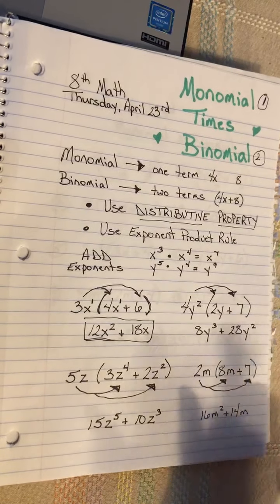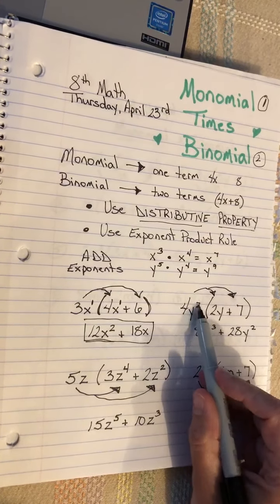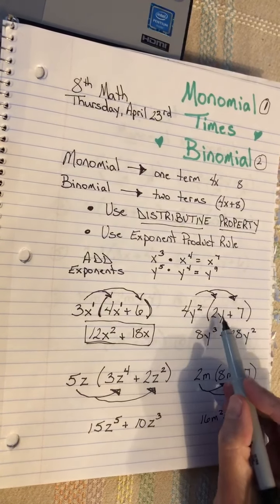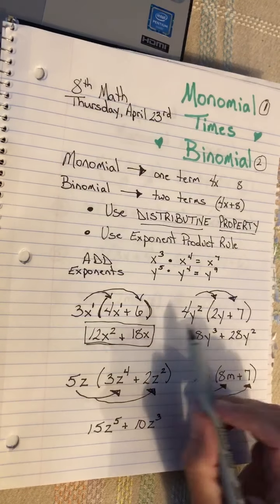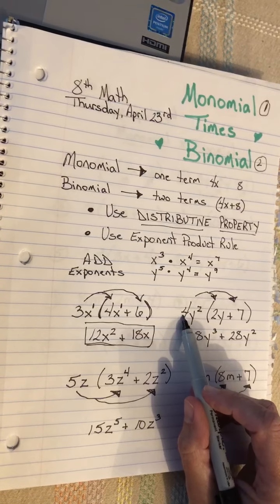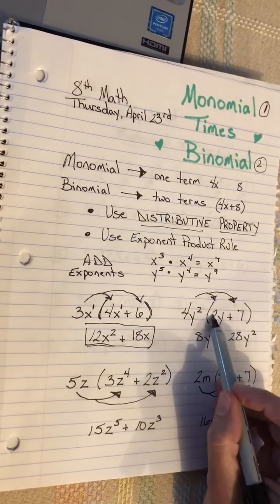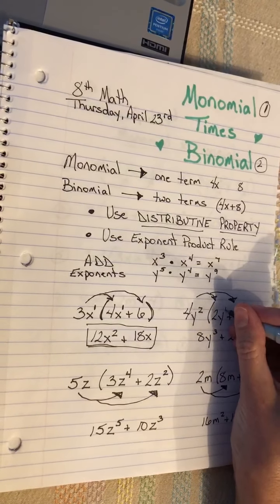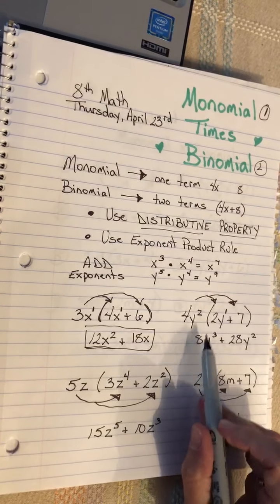Let's look at the next example. 4y squared, parentheses, 2y plus 7, close parentheses. Do distributive property to the first term. So 4y squared times 2y, if you want to put the 1 in there, 4 times 2 is 8.